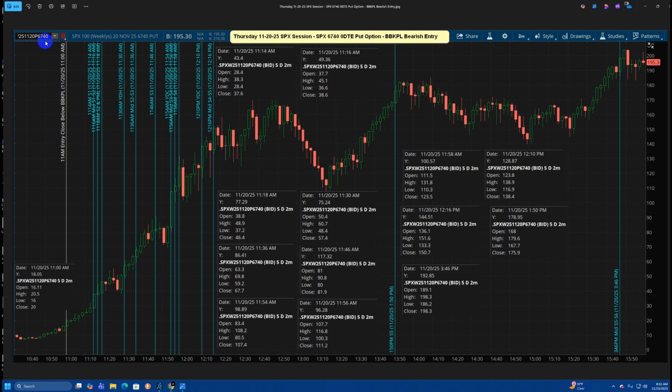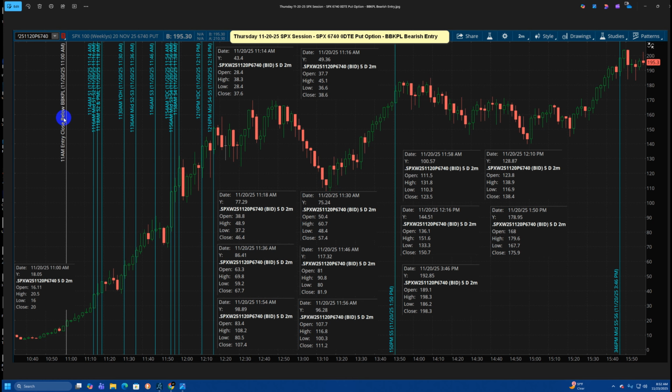This was the at the money standard put play on this bearish BBKPL entry. The 11:14 a.m. candle, that was the scalp. Then the 1.5 level move was the 11:16 candle for the regular trade, minimum 1.5 level move threshold.